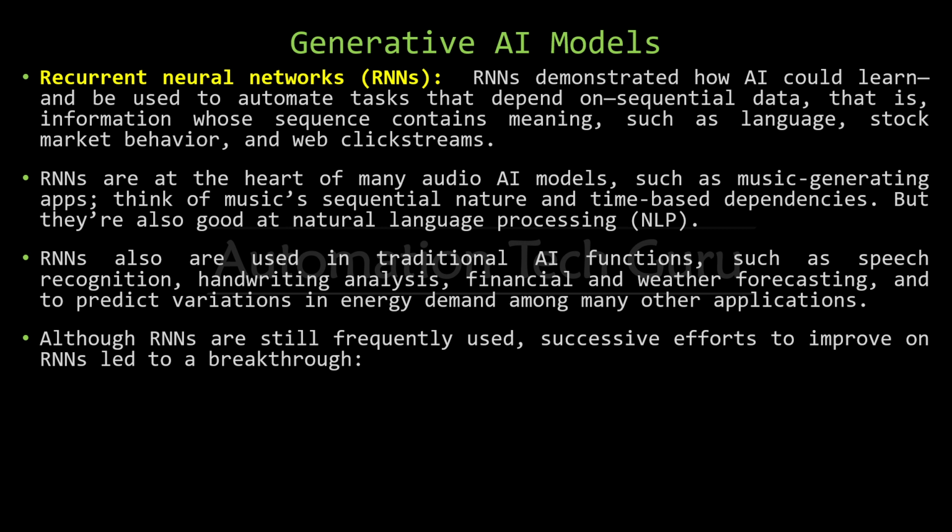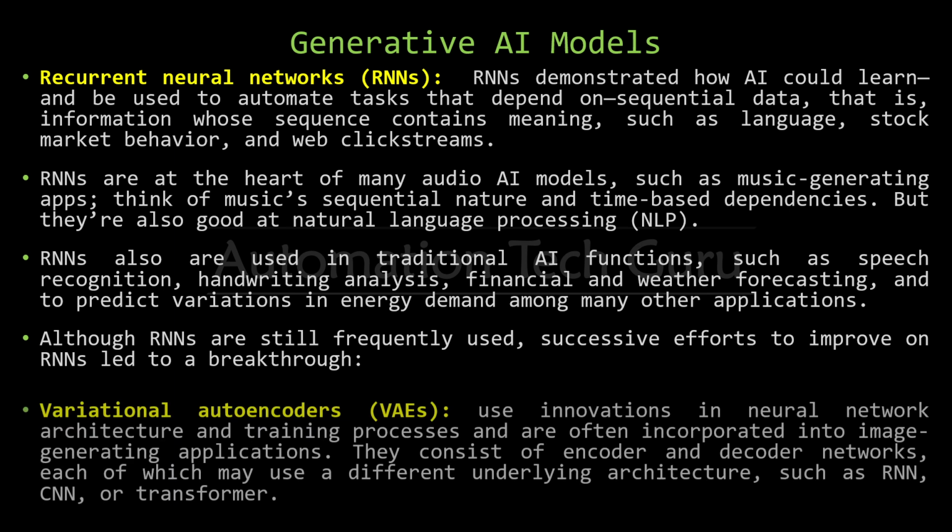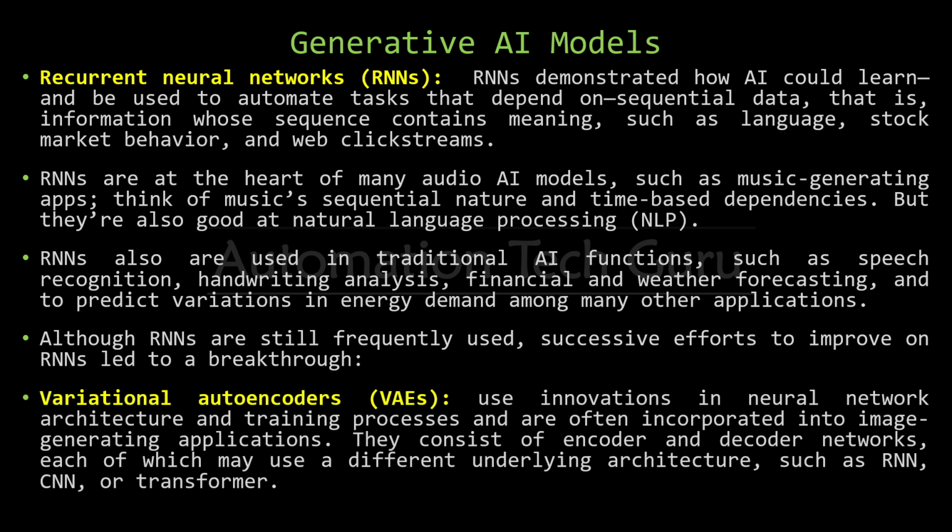Although RNNs are still frequently used, successive effort to improve on RNNs led to a breakthrough. So first is the variational autoencoder. VAEs use innovation in neural network architecture and training processes and are often incorporated into image generating applications.